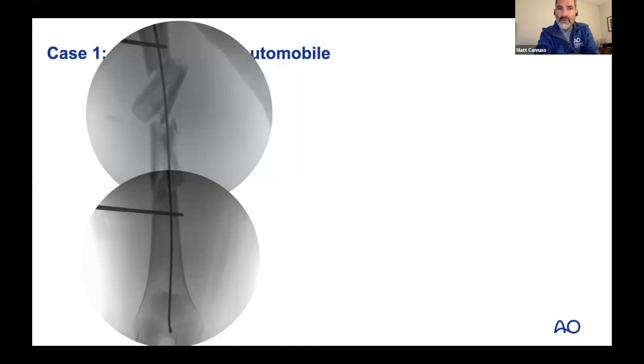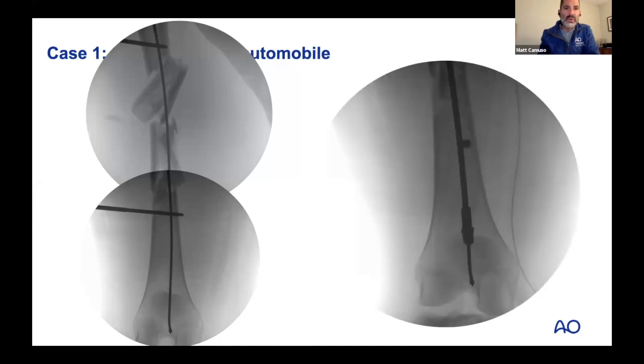And so I worry that if I put my nail in that trajectory, I'm going to end up in some varus. And so in this case, I place a blocking screw to make sure that the canal and that guide rod pass center, not just in the very distal femur, but also in the proximal part of the distal femoral segment, to be sure that the alignment is as collinear as I can make it.